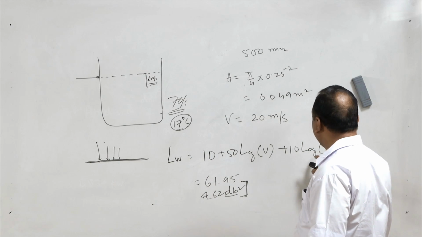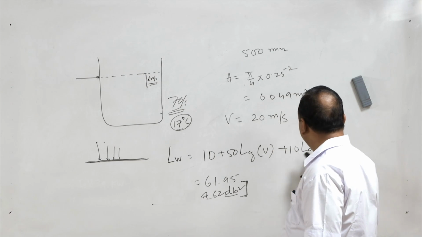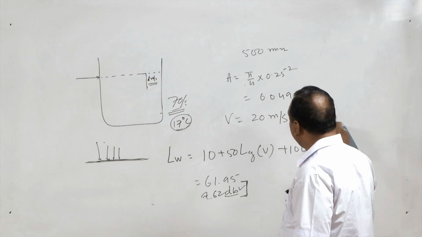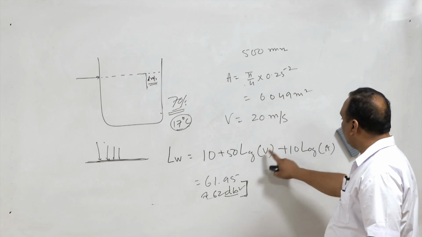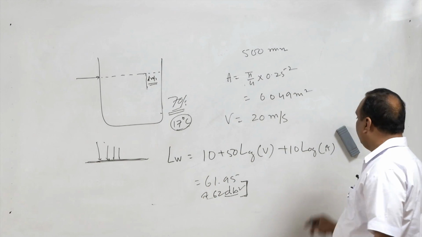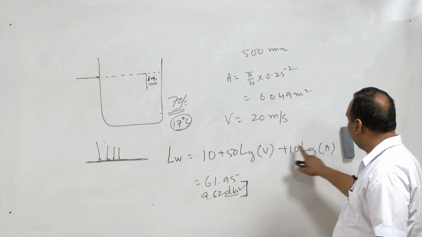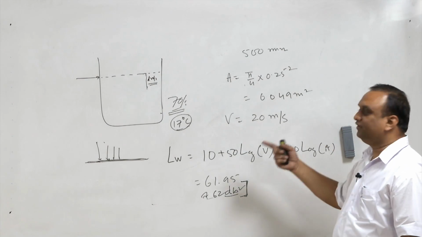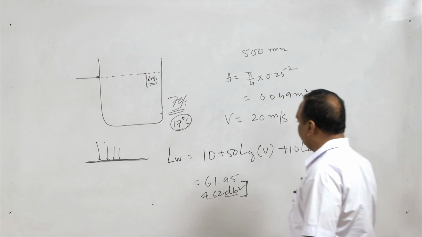If we increase the velocity for the same area, the noise level will increase. And if we increase the area for the same velocity, it means more air is flowing, and in that case also the noise level will increase.